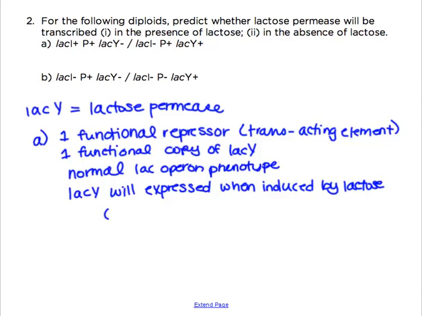Okay, so the first option: yes, it will be expressed in the presence of lactose, and it will not be expressed in the absence of lactose.